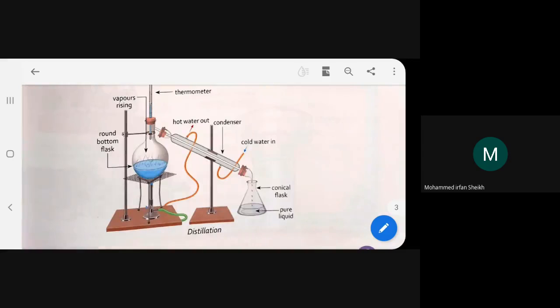Okay, if you don't understand this method, listen carefully. You take a vessel, put it on the gas stove, and pour some water into it. Correct? It will start boiling. Yes, ma'am. Now, when it starts boiling, it will start changing itself from water to water vapor.